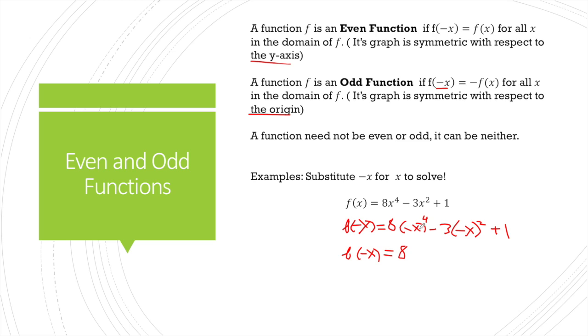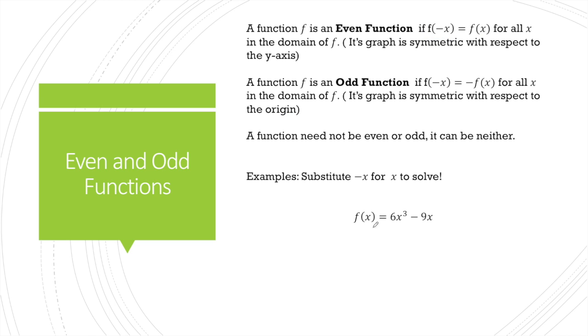Negative x times itself 4 times is going to give us just positive x to the 4th, minus 3. Negative x squared is going to give us x squared, plus 1. So f of negative x is equivalent to f of x. That means that this is an even function.